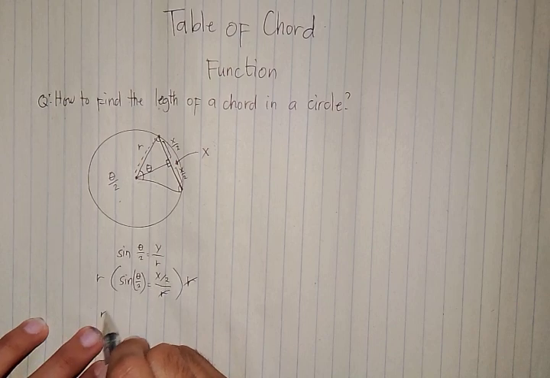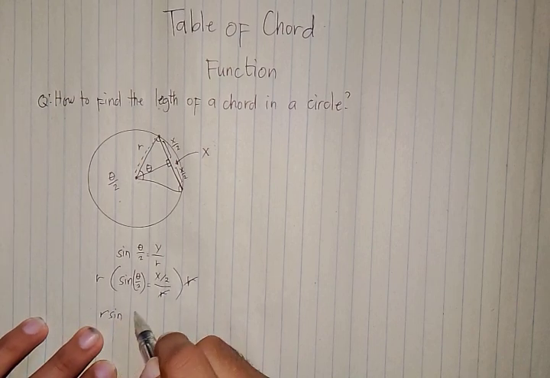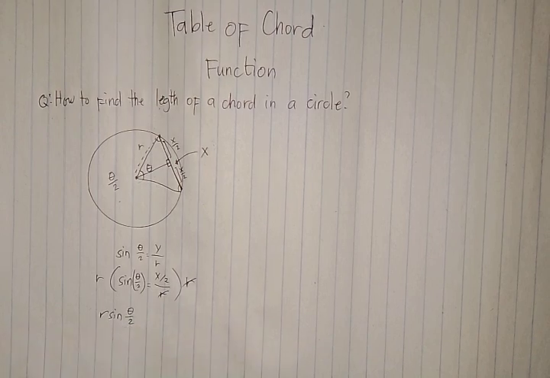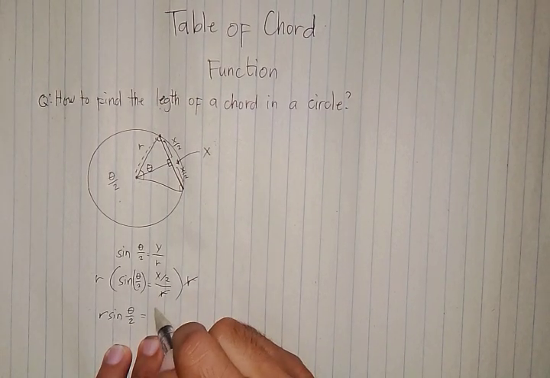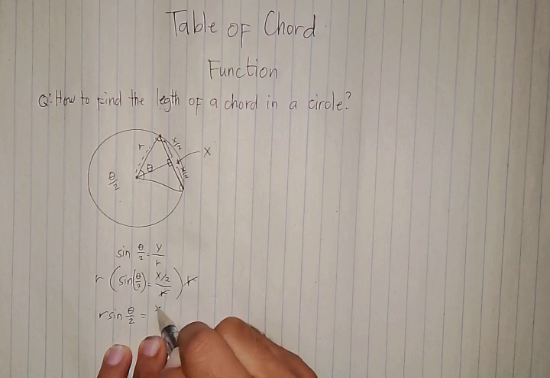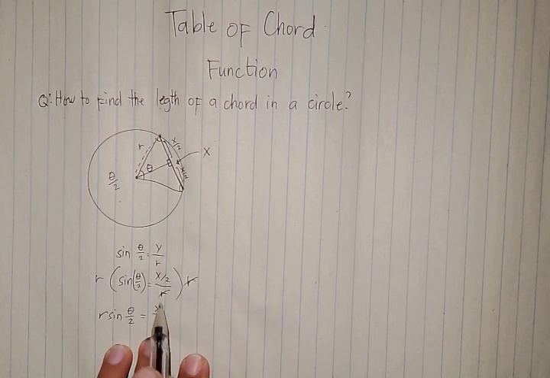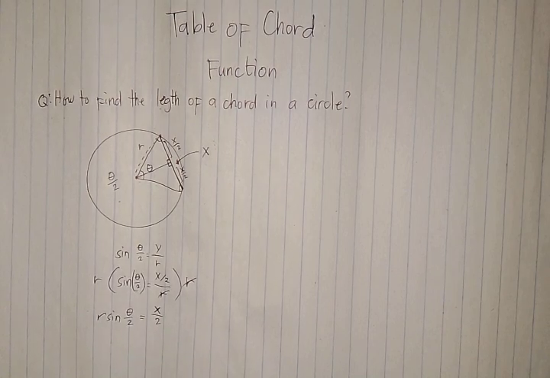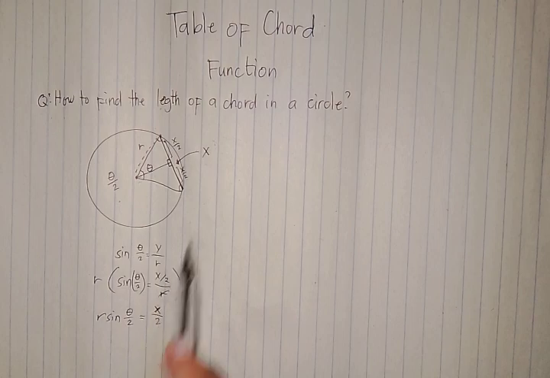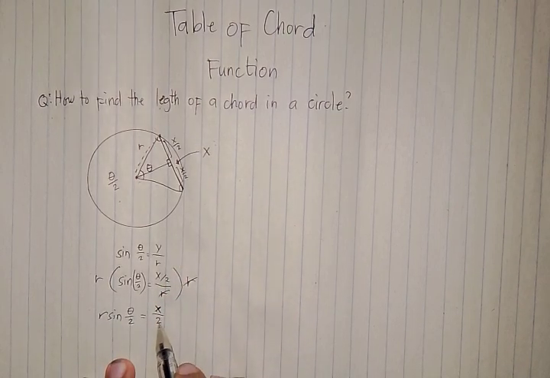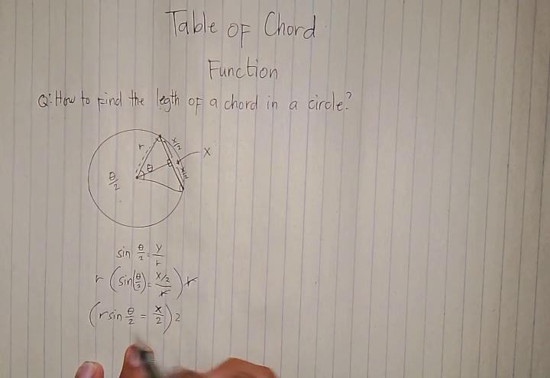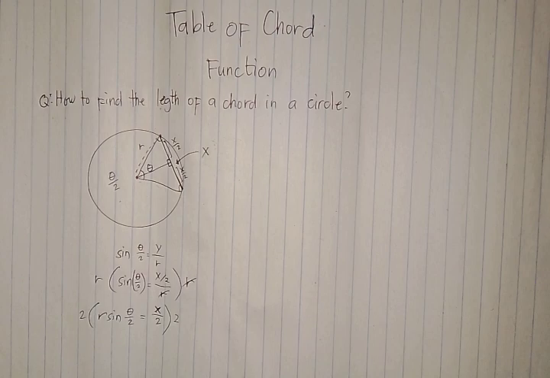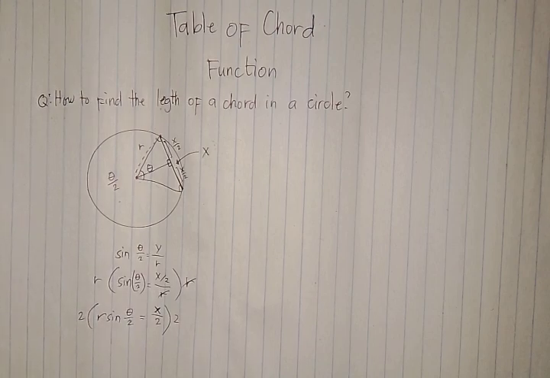So we now have r sine theta over 2, just follow me, class, is equal to x over 2, because the r has been cancelled, right? Next, x is what we need, so we multiply again by 2 on both sides so that only x is left.